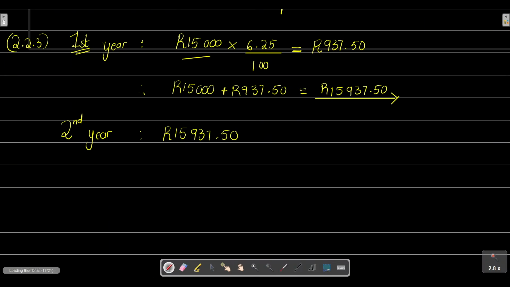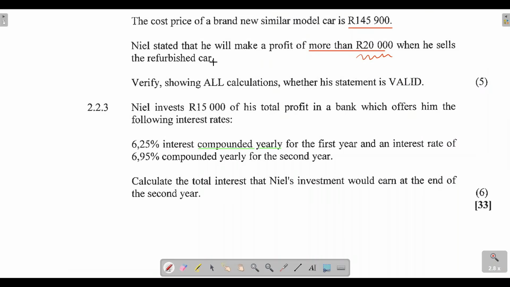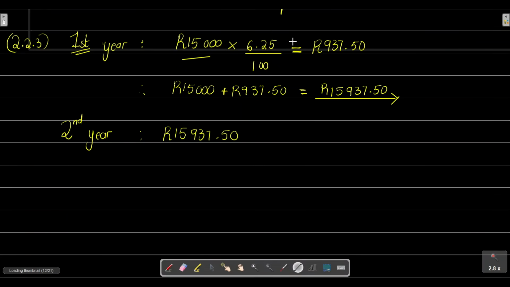What is the interest rate for the second year? We're told that the interest rate for the second year is 6.95% compounded yearly. So the interest is only added once a year again, so it's the same as just multiplying by 1.